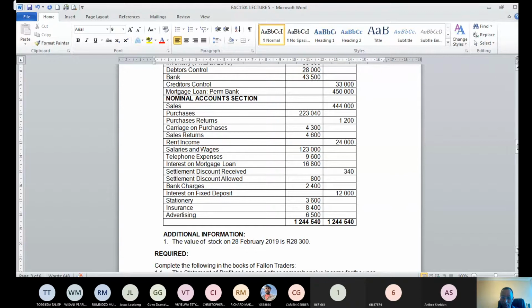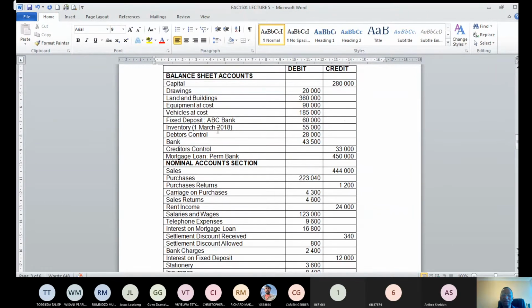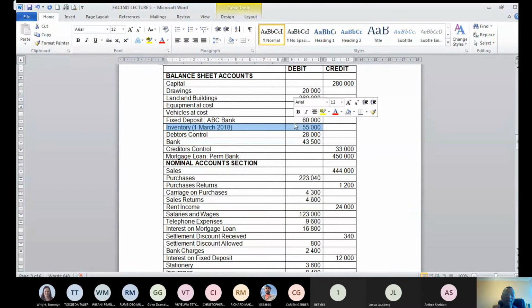If you want to know what was the value of the inventory at the beginning of the financial year, inventory classified as an asset will appear under your financial position accounts. So go to your inventory and you will see that the opening balance of inventory on the 1st of March 2018, that was 55,000.